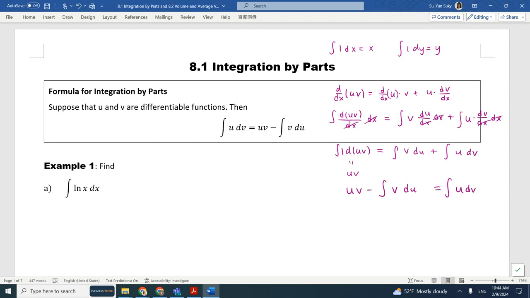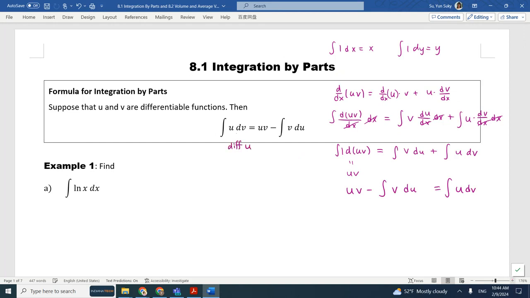So this is the integration by parts formula. And we're gonna memorize it. Let's look at the formula. Do you see here we want to differentiate u? So u is something we want to differentiate.